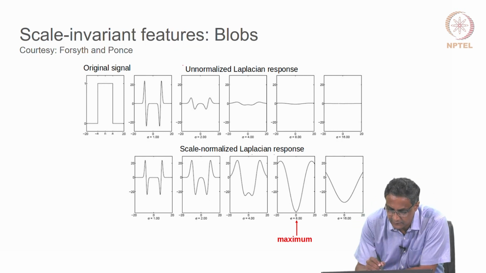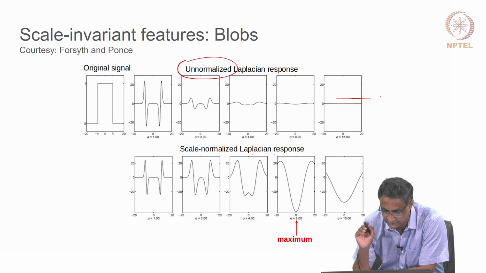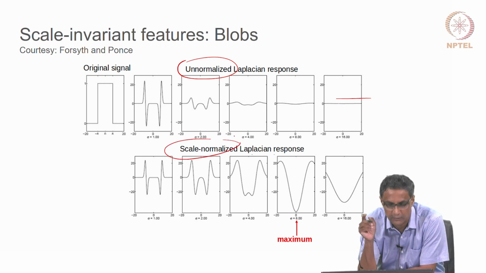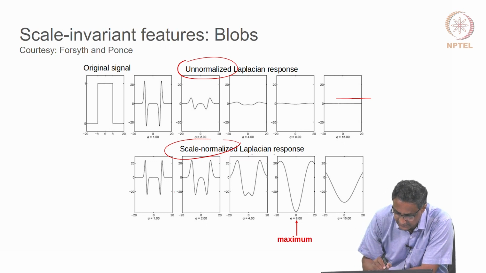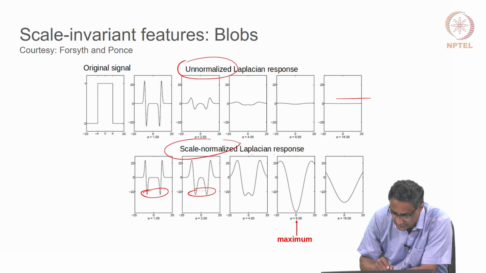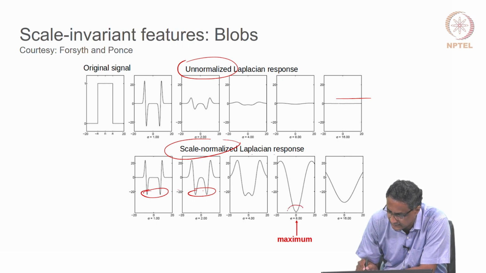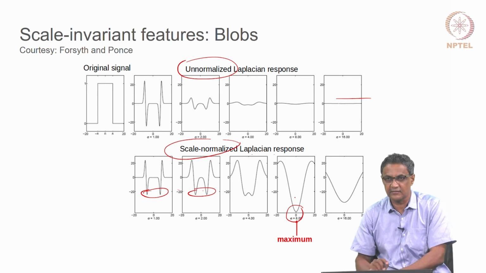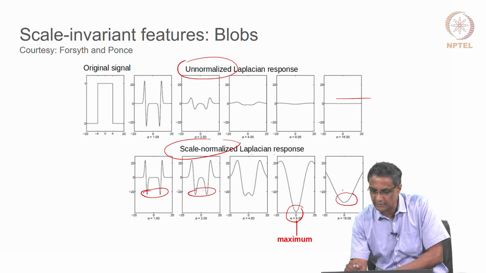See, for example, an unnormalized one would have died off like that. Whereas when you have a scale normalized one, then you see that these peaks don't fall off. Then what happens is you keep on increasing, there comes a point when it actually hits an extremum, and then again.